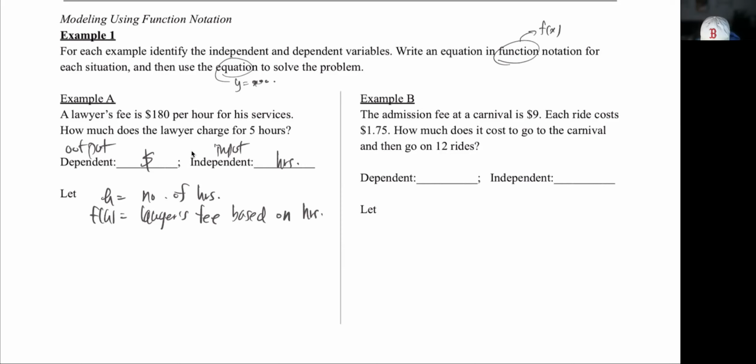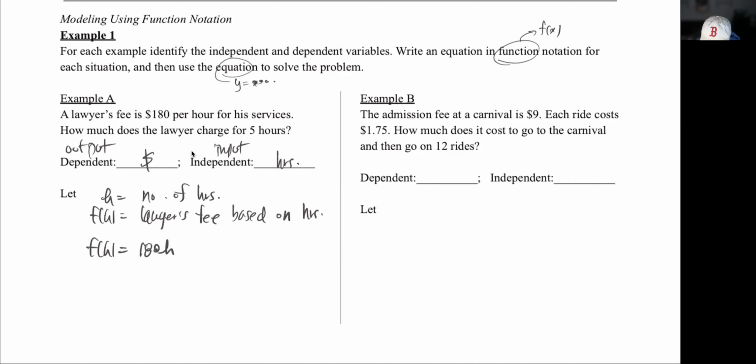So the function in our case, f of h, is therefore the number of hours h, but for each hour, how much do you get paid? $180, right? Like that.